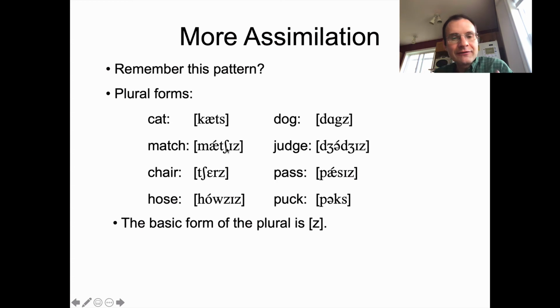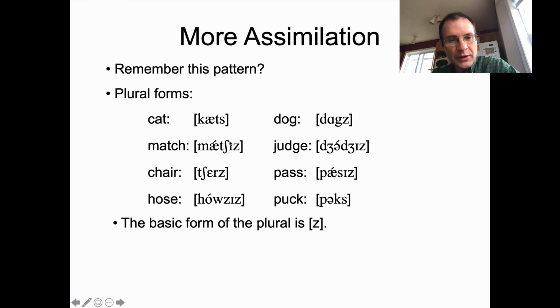So we have this sort of default pattern of, it should match in terms of voicing, but we can't really get that to work here because these 2 sounds are not sort of right next to each other in the matches or judges case. For matches, since this ends in a voiceless affricate, you might expect an S here, but there's this I that intervenes between them. So that doesn't seem to be relevant anymore.